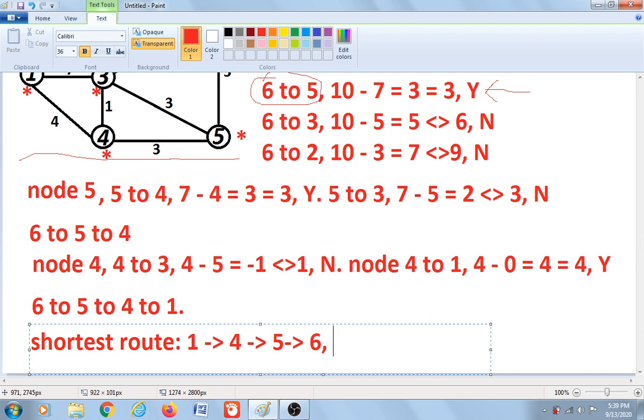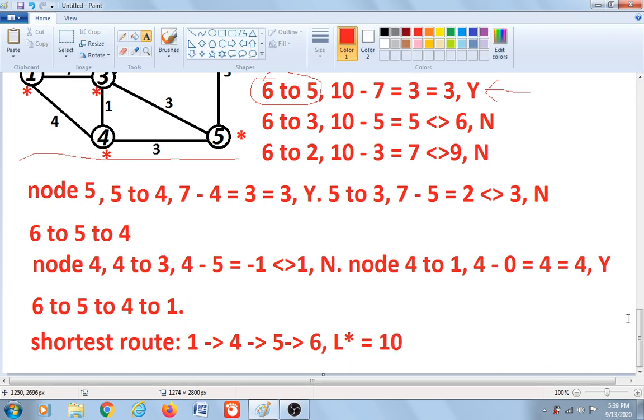And the total distance, the shortest distance, the optimal total distance, which is the minimum total distance, is 10. Now let's check.